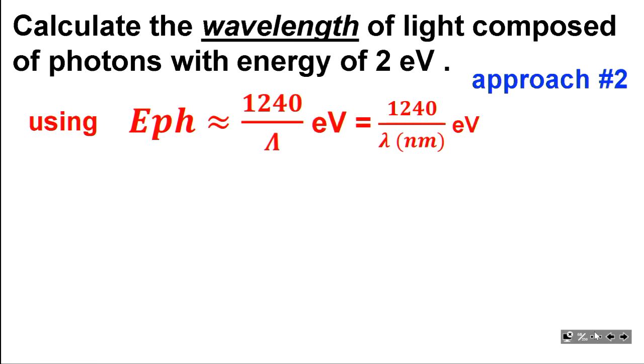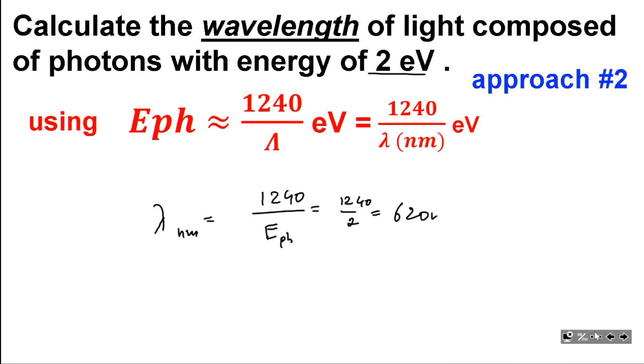We can calculate the wavelength in nanometers immediately. We just have to reverse this expression. And in this example, 1240 over 2, 620 nanometers, of course.